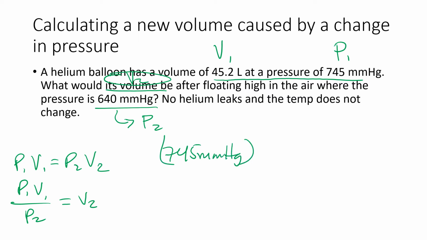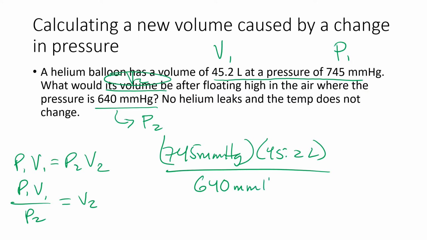millimeters of mercury times 45.2 liters divided by 640 millimeters of mercury. Those units cancel out. I am trying to find V2. So 745 times 45.2 divided by 640.